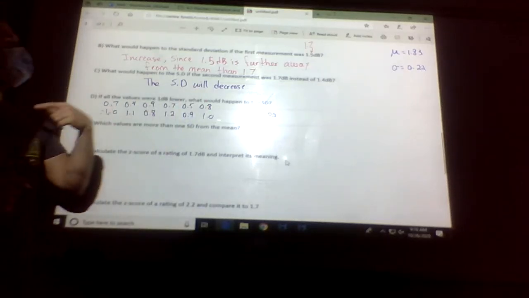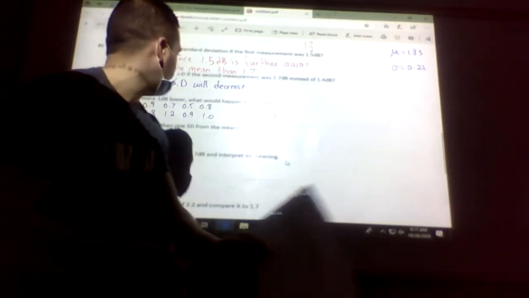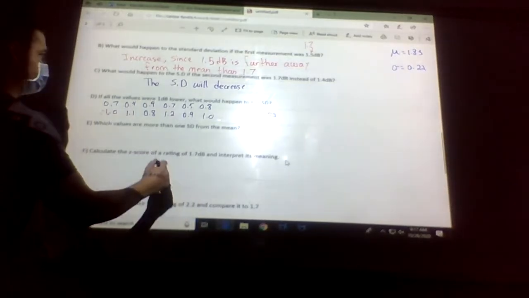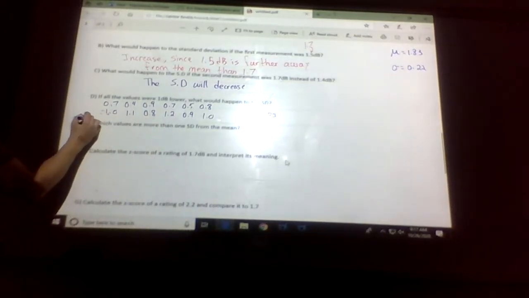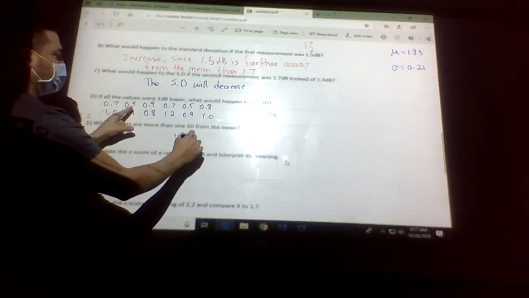So standard deviation tells you how far spread they are, right? In the original question, say the highest value was 2.2 and the lowest was 1.4. That's a difference of 0.8. Here, my highest is 1.2 and my lowest is 0.4.